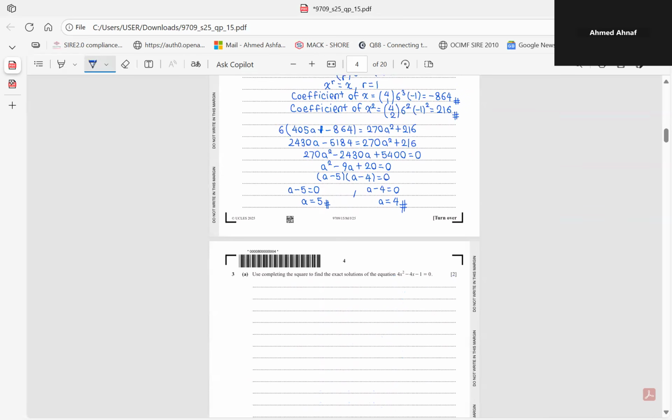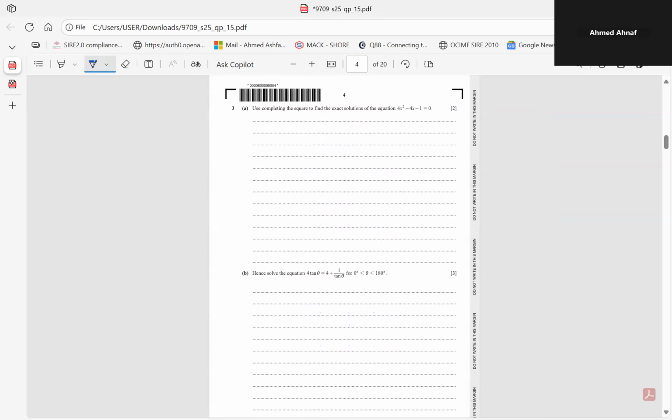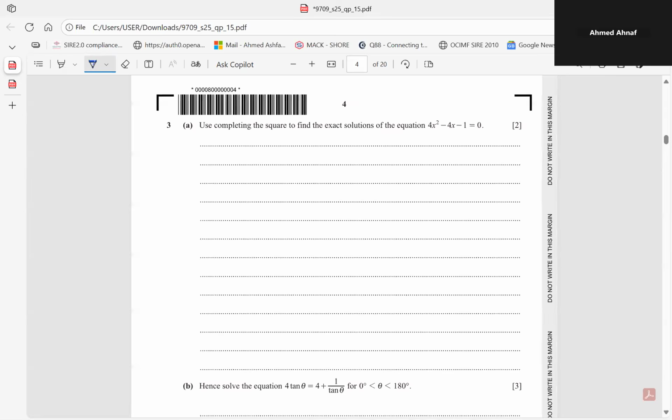Let's head on to the next question. Okay, so for the first part of this question, we're told to complete the square to find the exact solutions of 4x squared minus 4x minus 1 equals to 0. Okay, so let's first write down our original equation.